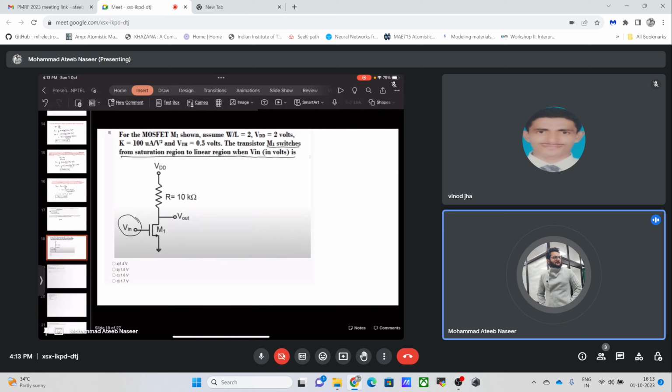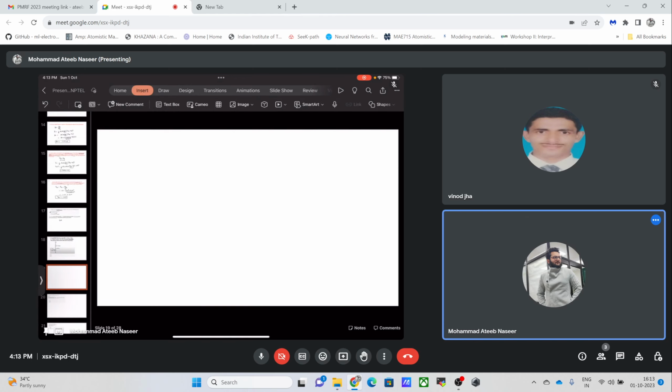It is as simple as that. So first, M1 is in saturation. We are basically at the edge of the linear and the saturation region.